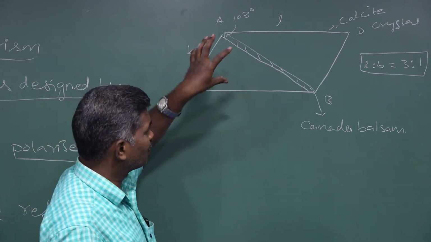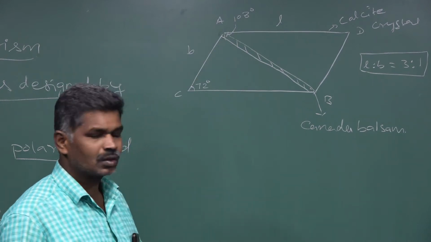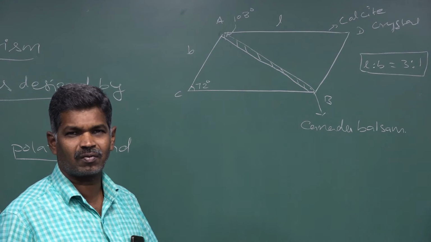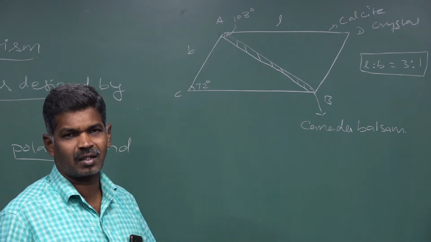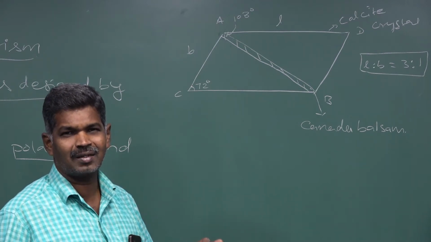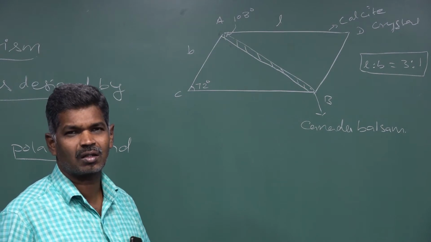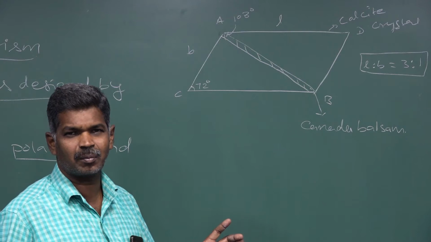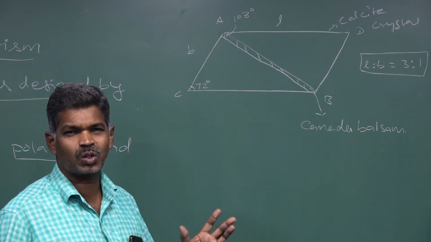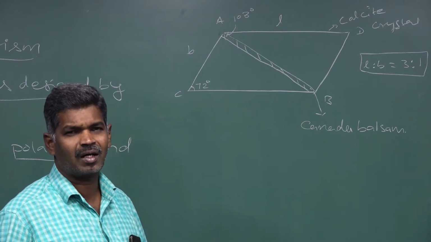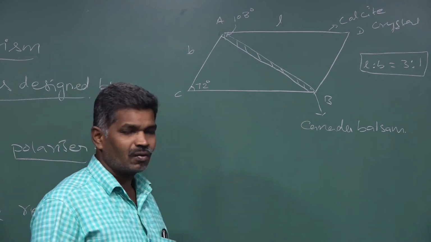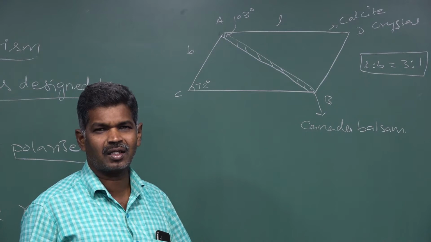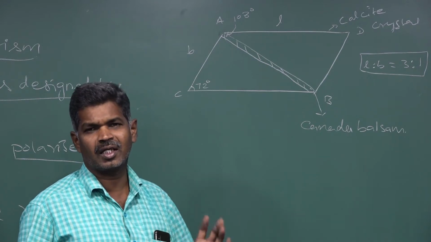That is the construction of our Nicol prism. The Nicol prism is made up of a calcite crystal. Their length and breadth ratio is 3:1, that is, the length is 3 times its breadth, and the face angles of that crystal are 72 degree and 108 degree.